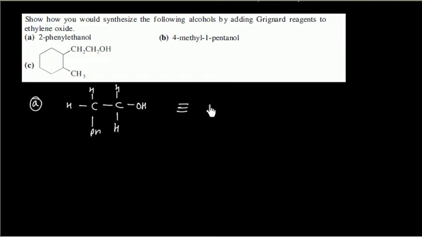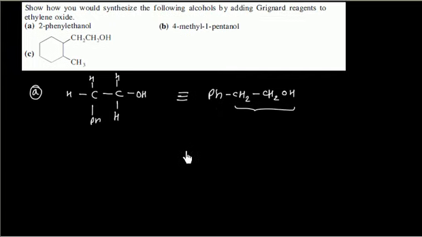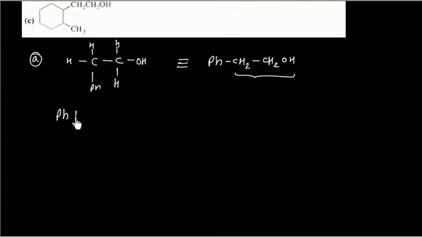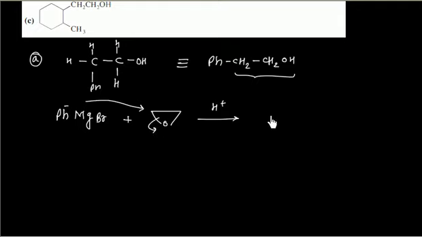That is, we have to prepare PhCH2CH2OH. So this means I can increase 2 carbons by ethylene oxide. So if I take a Grignard reagent of PhMgBr, and if this is treated with ethylene oxide, further protonation, this minus will attack on this carbon, this opens up, and further protonation will give PhCH2CH2OH.